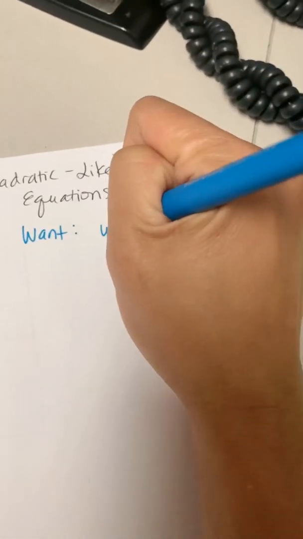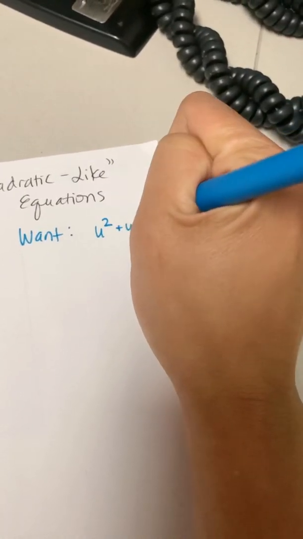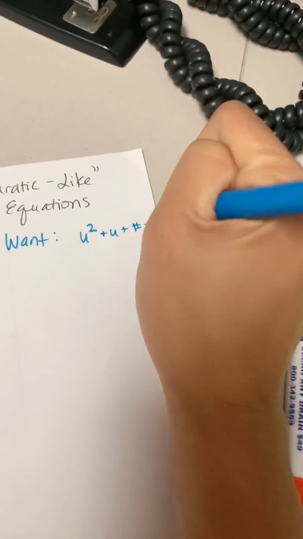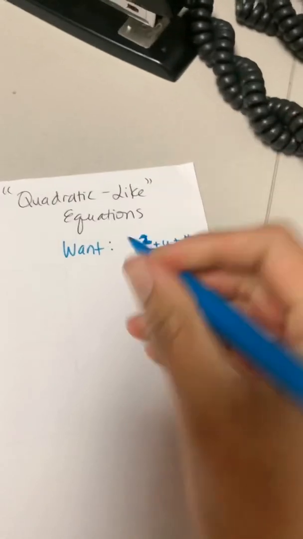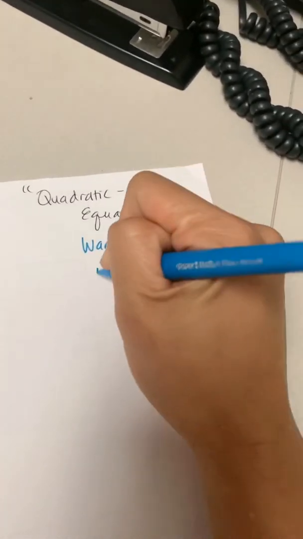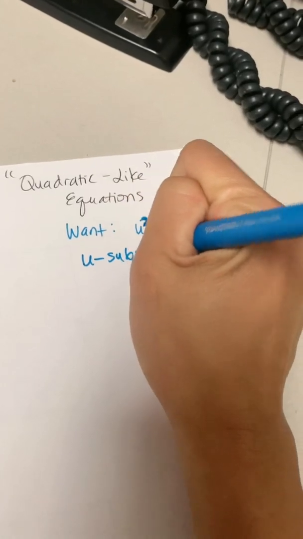So we want it to look like something with u squared plus u plus a number is equal to 0, right? Something with a square in it. So what I'm going to do is what we call u substitution.